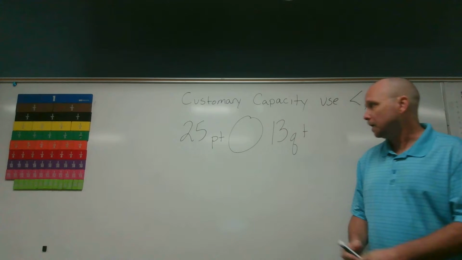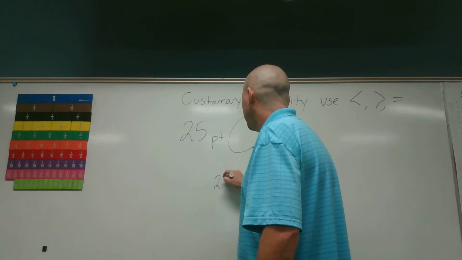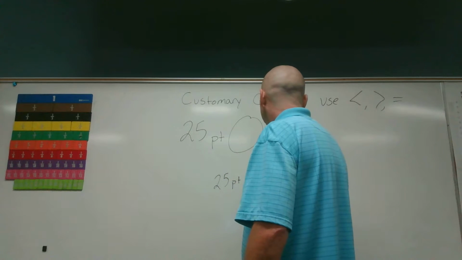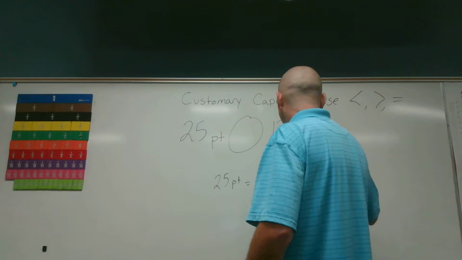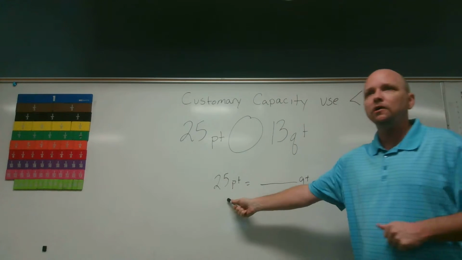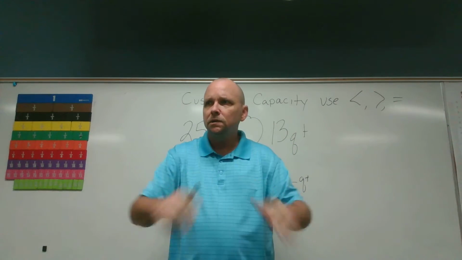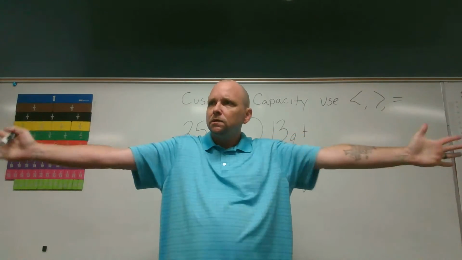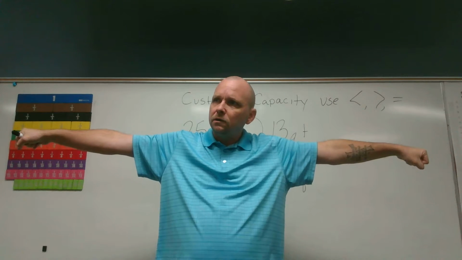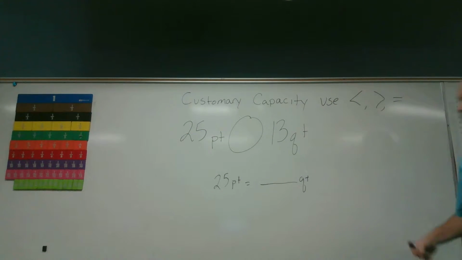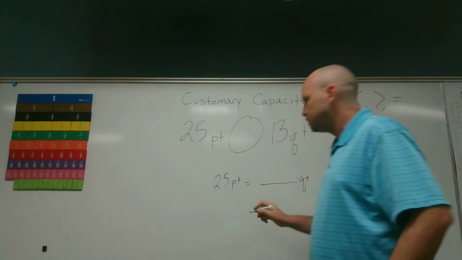Pints to quarts. Okay? So we want to figure out how much 25 pints equals in quarts. You said pints are smaller, right? So we're going smaller to bigger. How many pints in 1 quart? 2.